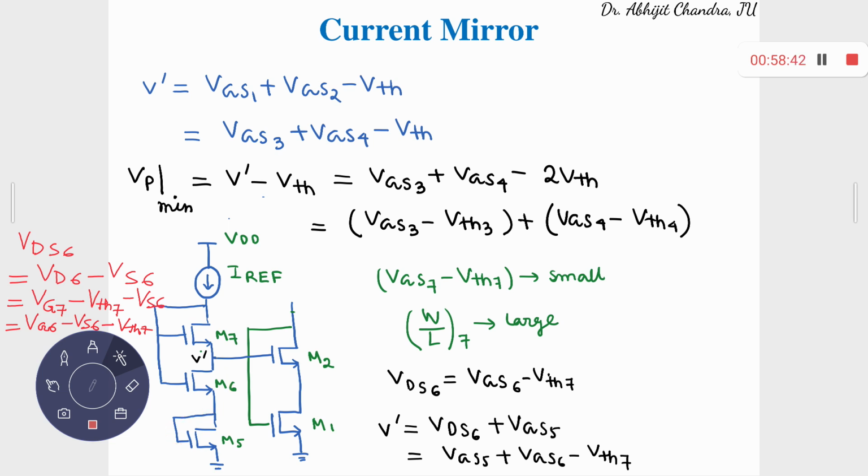With VDS6 equal to VGS6 minus VTH7, V dash is VGS5 plus VGS6 minus VTH7. Once I get this V dash, VP minimum, V dash minus VTH, comes out to be VGS3 minus VTH3 plus VGS4 minus VTH4. That means the summation of 2 over 5. But at the cost of what?